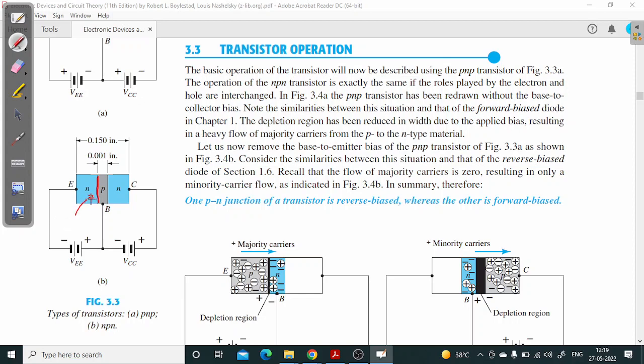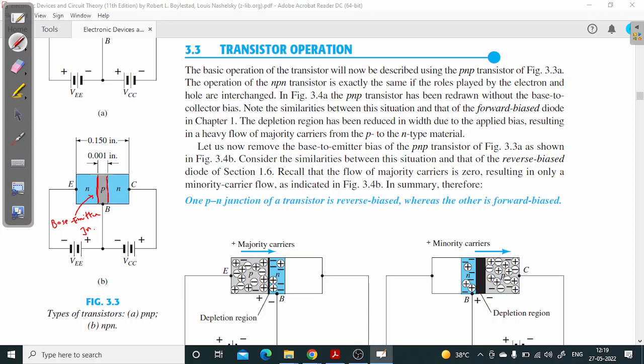And this is in between base and emitter, so we call this the base emitter junction. Okay. We have another junction between base and collector, which is this one.